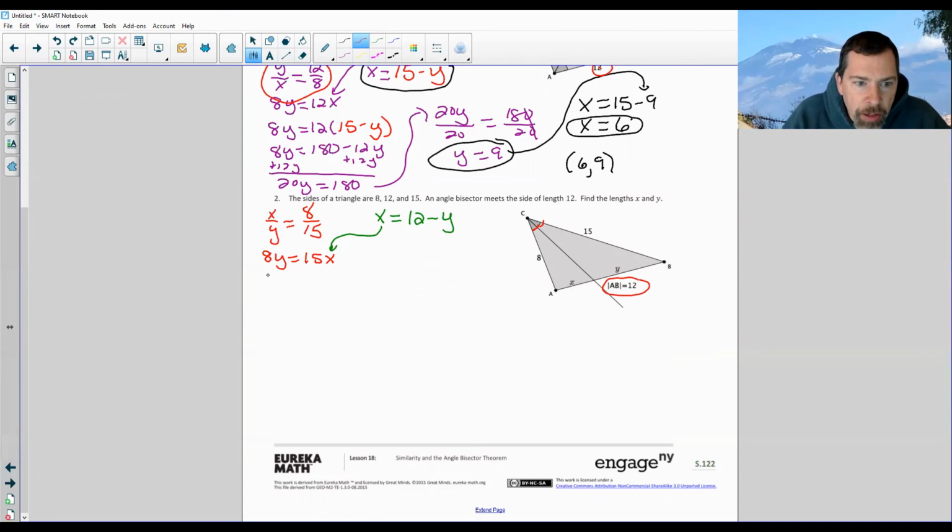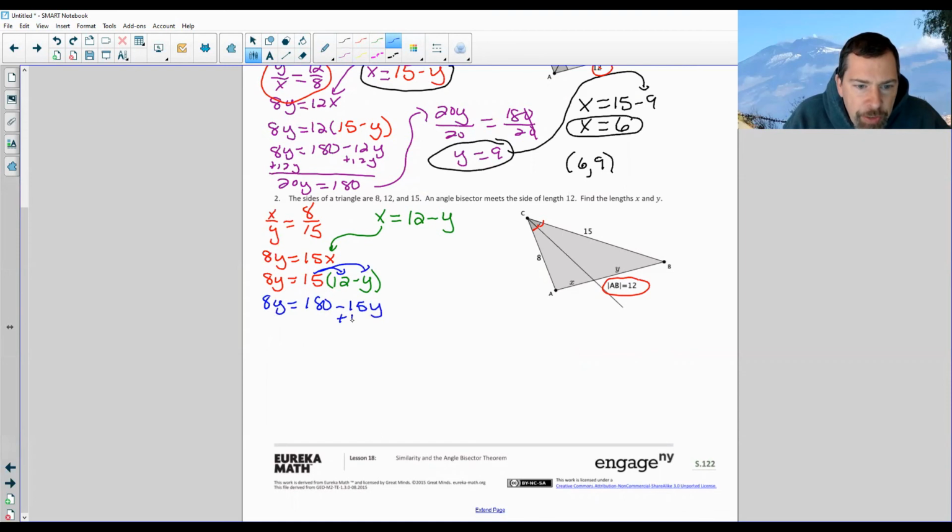So this becomes 8y equals 15 times, instead of x, 12 minus y. So I substitute in the y equivalent of x. And then I get 8y equals 15 times 12, which was 180, minus 15y.